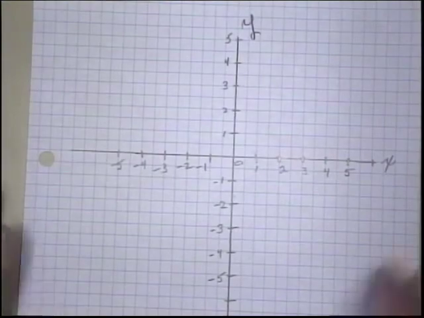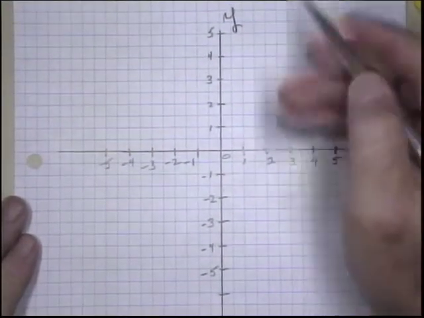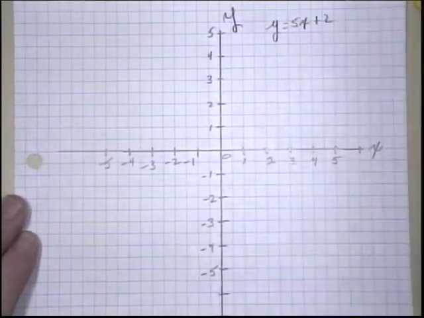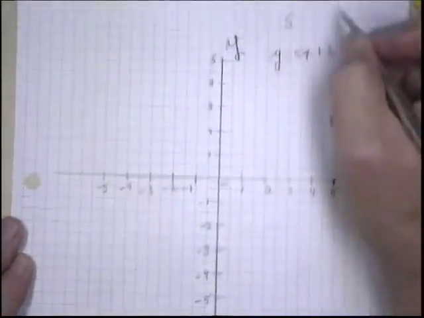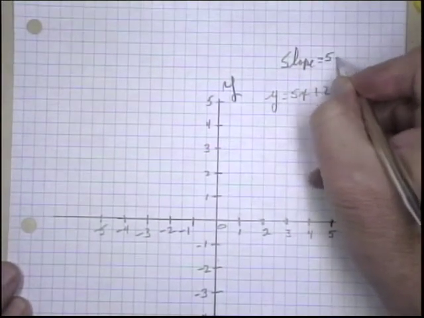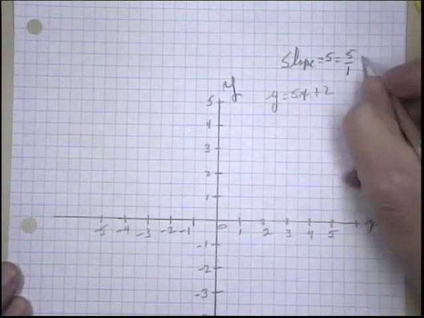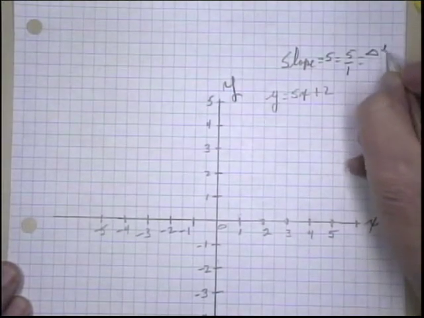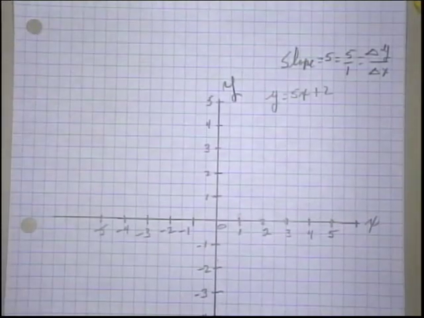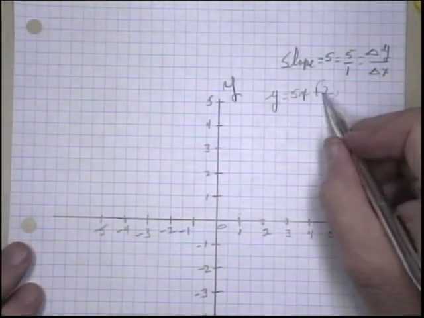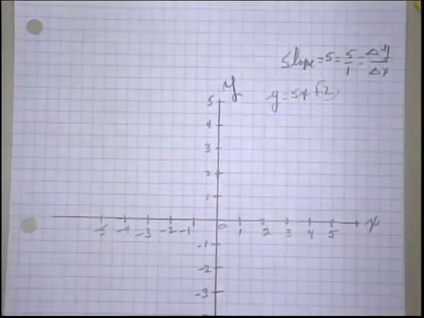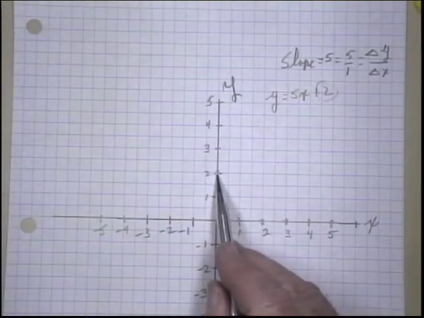Our first equation was y = 5x + 2. Our slope equals 5, which is 5 over 1, which is the change in y divided by the change in x. Our intercept is 2, so we know this is where this line crosses the y-axis, at 2.